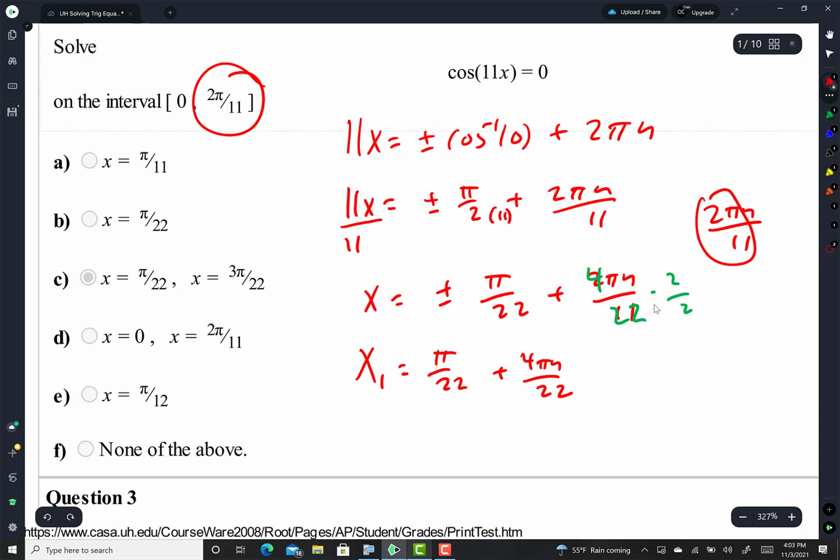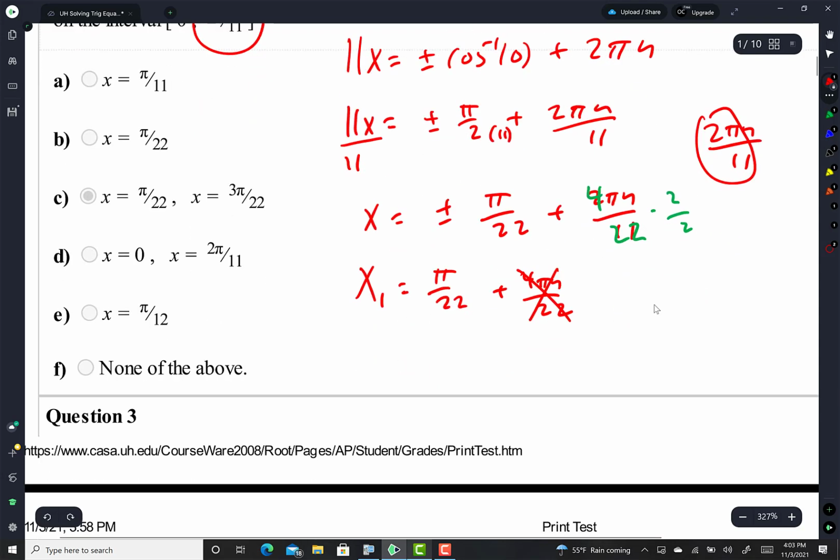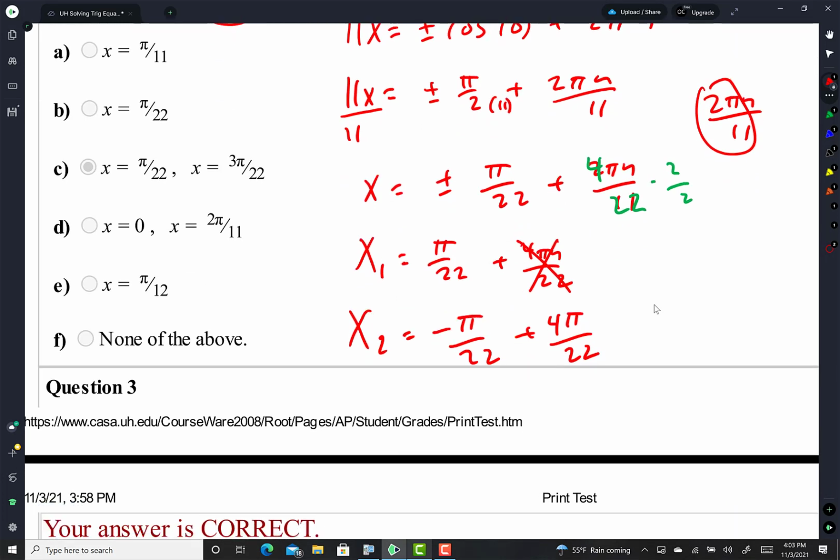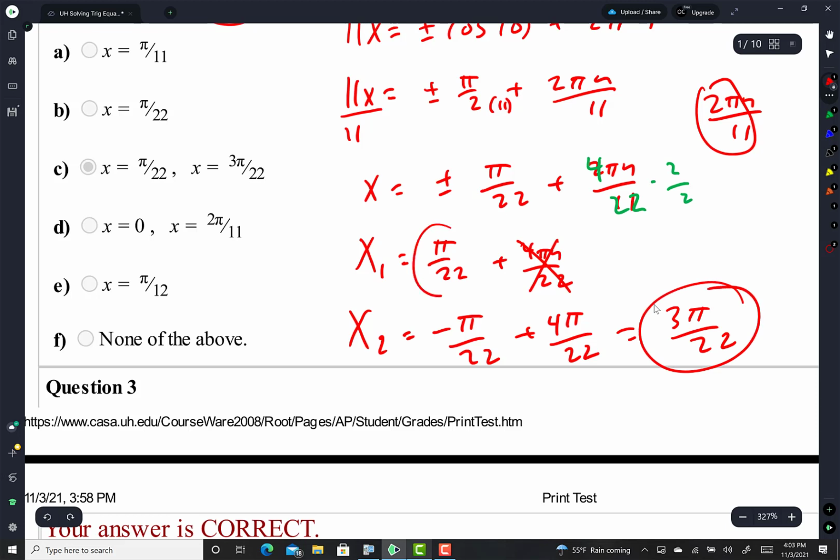So you're not going to add that part. So one answer is pi over 22. But if you take the negative one, negative pi over 22, you're definitely going to add 4 pi over 22, because remember, 4 pi over 22 is 2 pi over 11. So negative pi plus 4 pi, that is 3 pi over 22. So that one and that one.